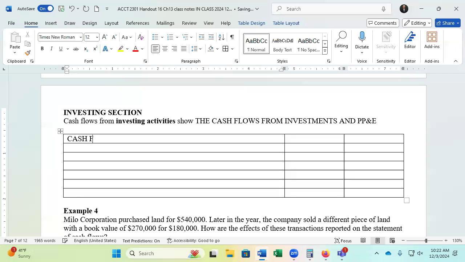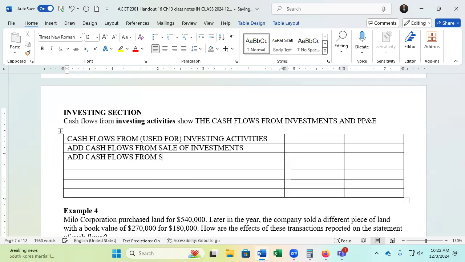So you'll have the cash flows from or used for investing activities. And we would add cash flows from sale of investments. We would add cash flows from sale of property, plant, and equipment.